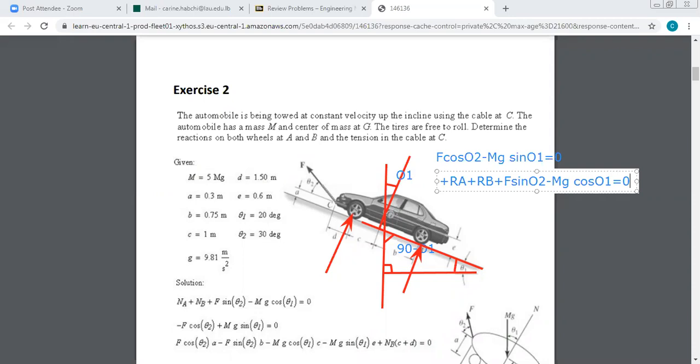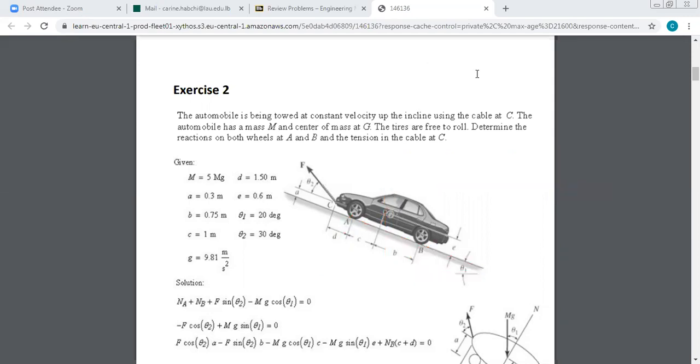We still have to write one equation to close our system. The equation will be an equation of moment. You can choose any point in your figure and do sum of moment about this point. So let us see what can be a good point.